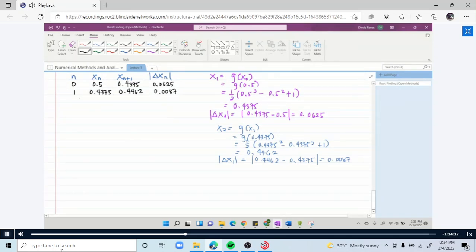Okay. When n is equal to 2, x sub 2 is 0.4462. Now we solve for x sub 3. So now x sub 3 is equal to g of x sub 2, where this is equal to g of 0.4462. So this is 1/2 of 0.4462 cubed minus 0.4462 squared plus 1.